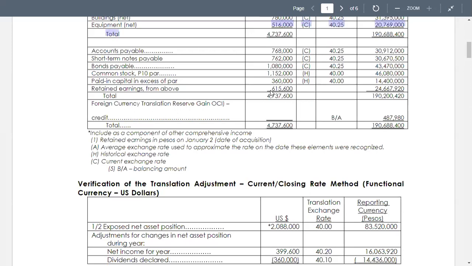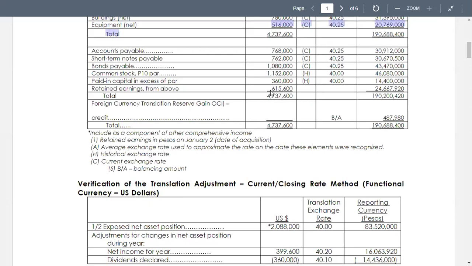So, what are the monetary assets and liabilities? Here, given: accounts payable, monetary liability; accounts receivable, monetary asset; cash, monetary asset; notes payable, monetary liability.